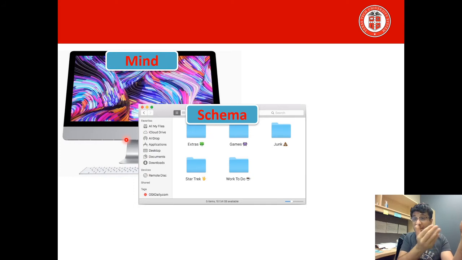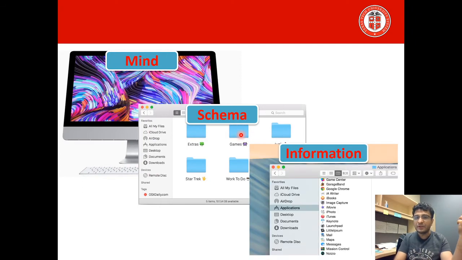If it's an organized computer, hopefully, then all the similar pieces of files are kept in specific folders. So these specific folders are a kind of schema in our brain. And if we click on an individual folder, of course, then we have a lot of files, which is information.